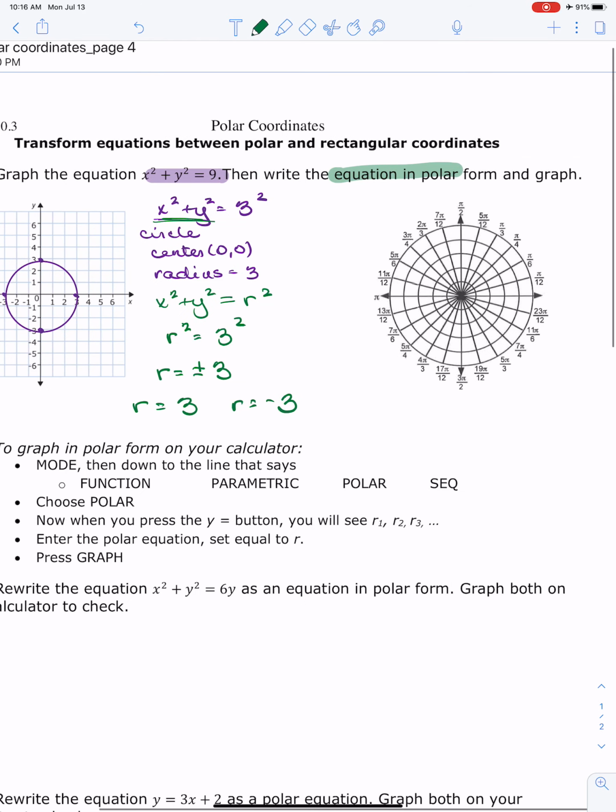So this does not have an angle involved. Let's see how we graph this on the polar grid. Keep in mind, from my center, each of these circles is 1 unit. So there's my 1, there's my 2, there's my 3. If we're saying that r equals 3, so 3 out, 3 up, that is right here.